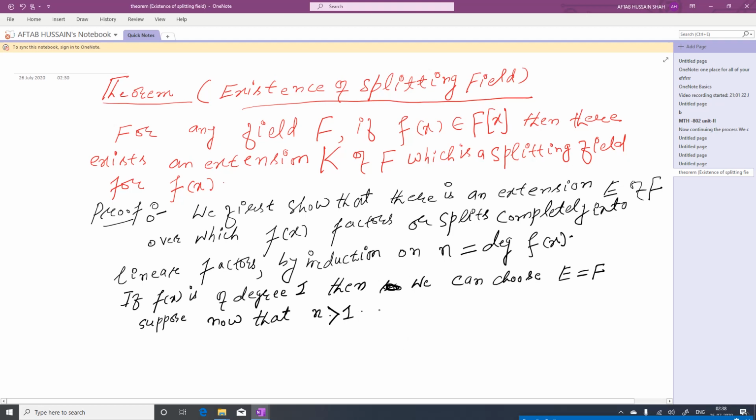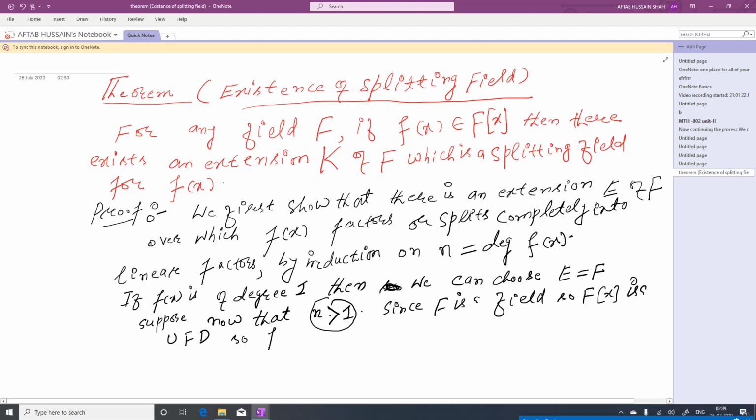We know by our previous knowledge, since F is a field, that F[x] is a unique factorization domain. It is a UFD. Means what? Means every non-zero non-constant polynomial can be expressed completely as a product of irreducibles.